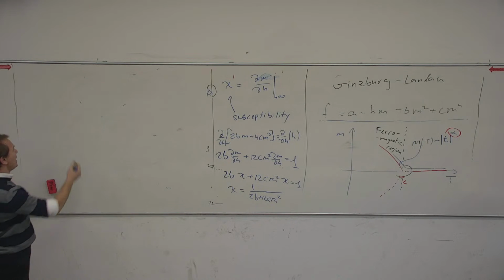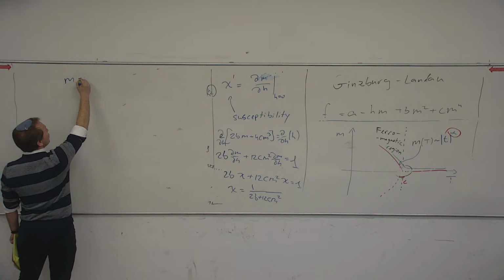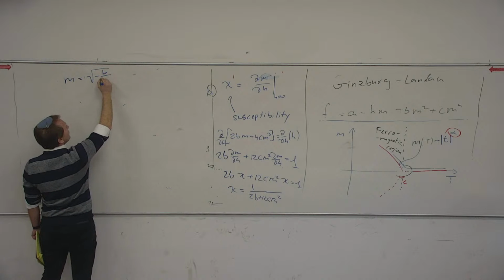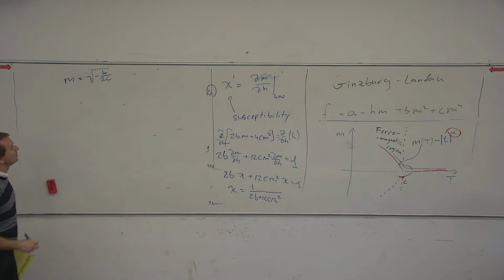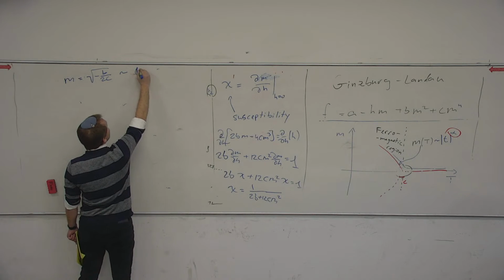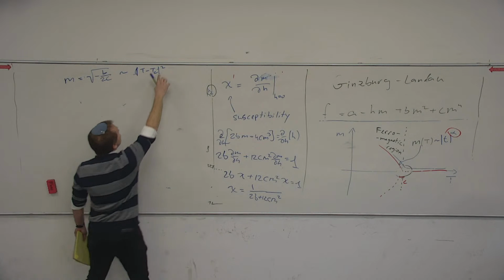Now, how is m behaving as a function of temperature? So m equals the square root of minus b divided by 2c, right? So it's proportional, we already know, to t minus tc to the power 1/2.